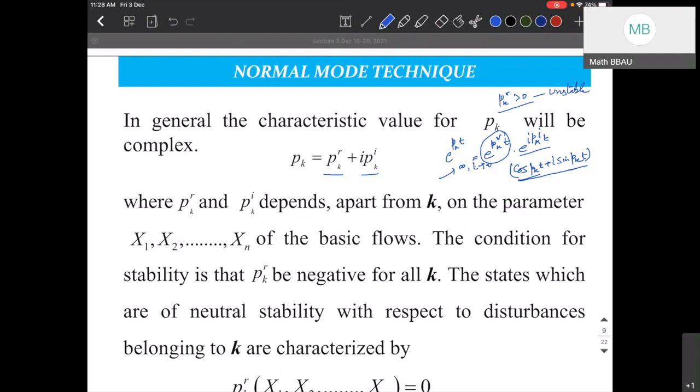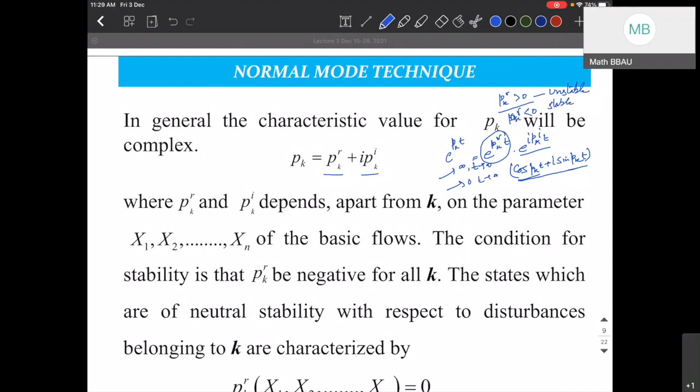Now if p_kr is negative, then this perturbation tends to zero as t goes to infinity. Means after some time, the system will regain its original position. So p_kr less than 0, means p_kr negative, is a stable condition.